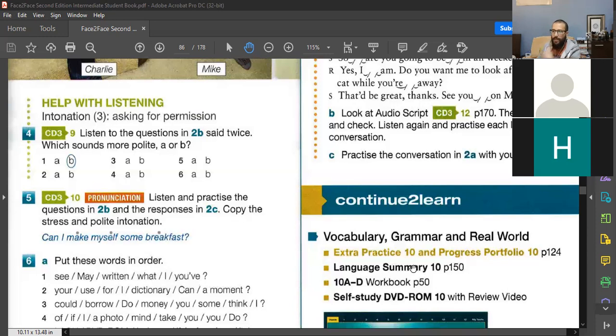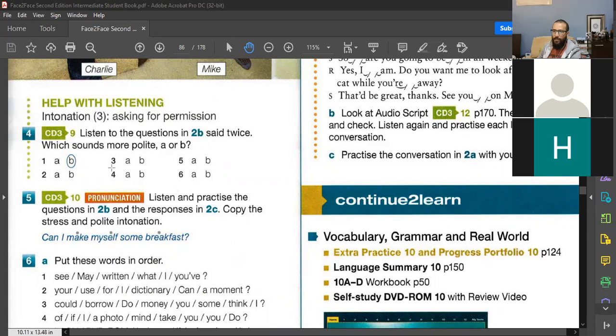Which one is more polite, number 2, A or B? A, I think. Okay, let me repeat it for you, just to check. Number 2, focus on number 2. A. May I use your washing machine? B. May I use your washing machine?